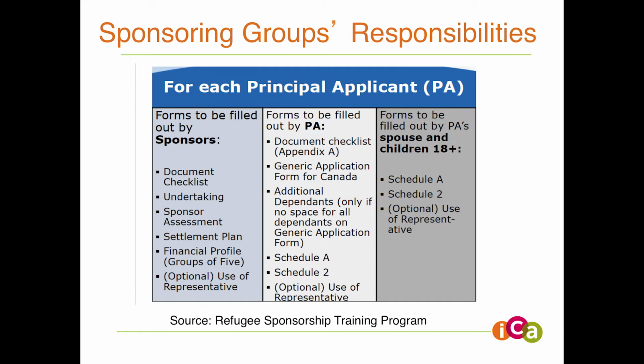They're not assessed on whether or not they're a refugee. The problem is if they have a 20-year-old son or daughter who is still in Syria, because that person is her own principal applicant and does not meet the criteria of being a refugee, and then it becomes a problem, okay? Because then technically that person would be left behind, and that's obviously not something that we want to see happening.